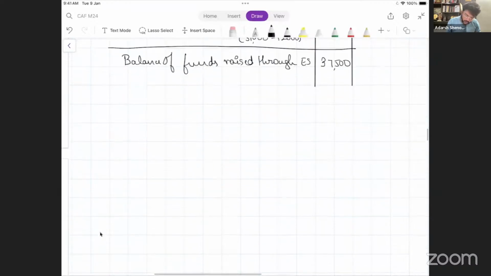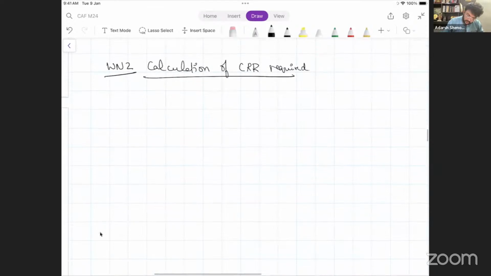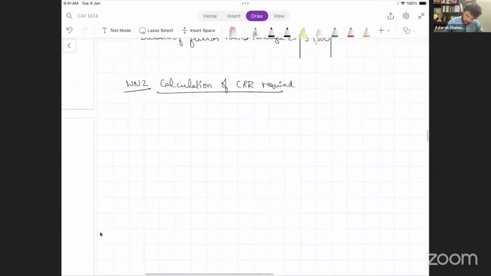In working note 2 we will also calculate how much CRR is required. Calculation of CRR required.